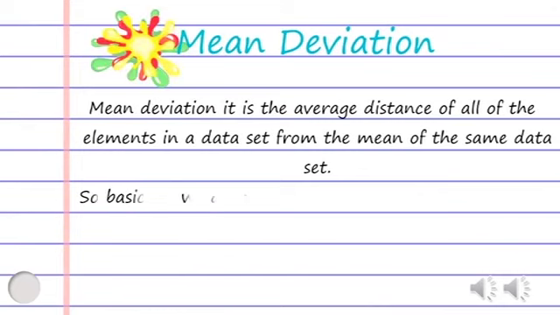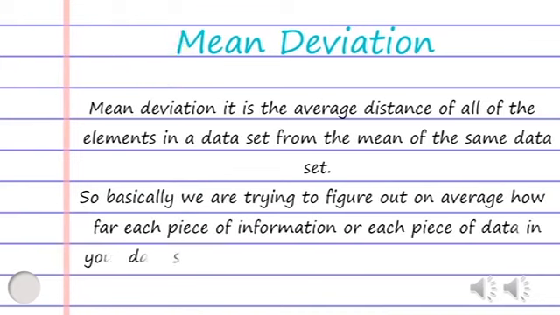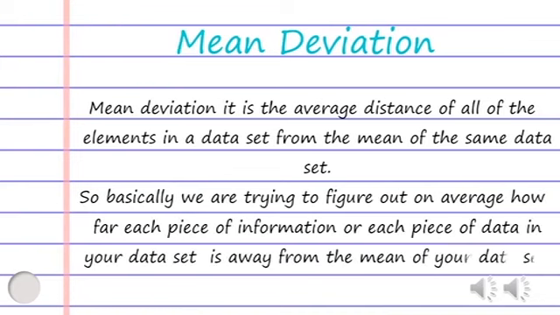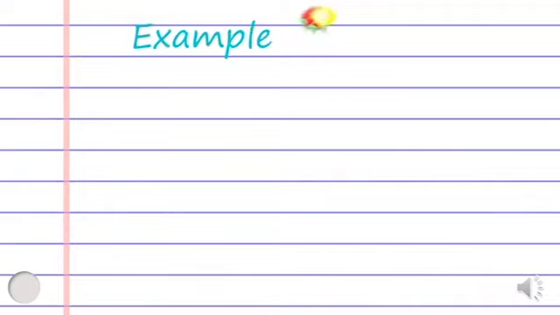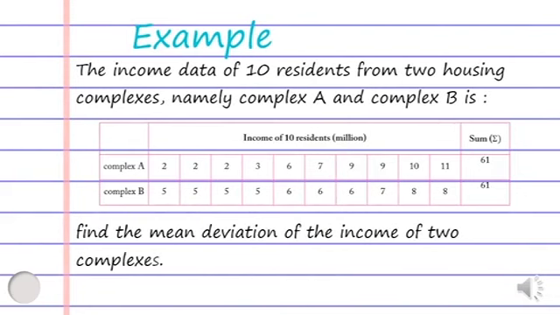So basically, we are trying to figure out on average how far each piece of data in your dataset is from the mean of your dataset. Let's use this example to calculate the mean deviation. The following dataset represents the income of 10 residents from 2 housing complexes.